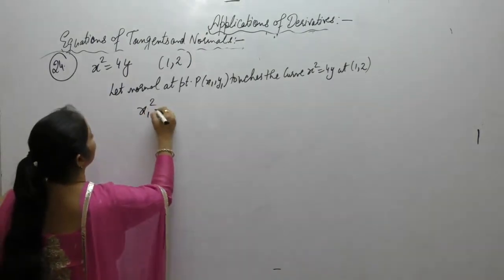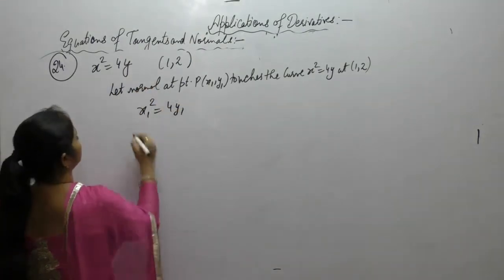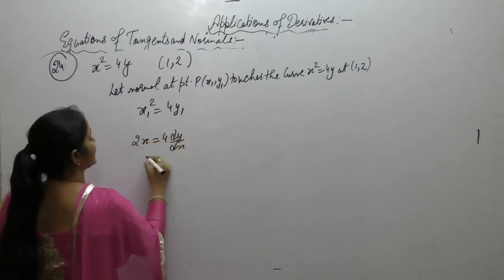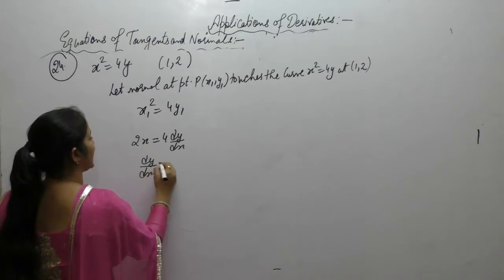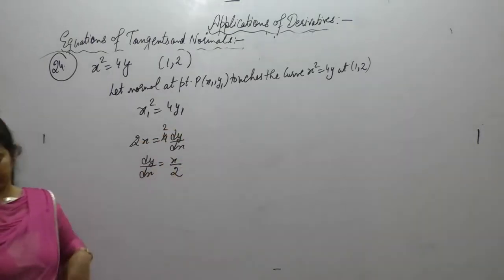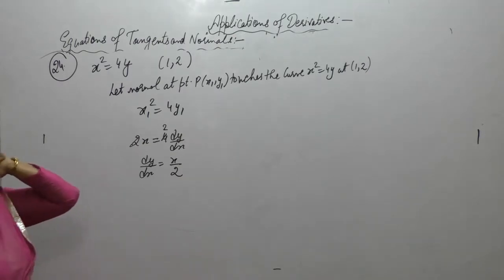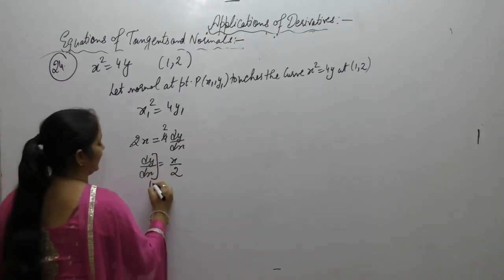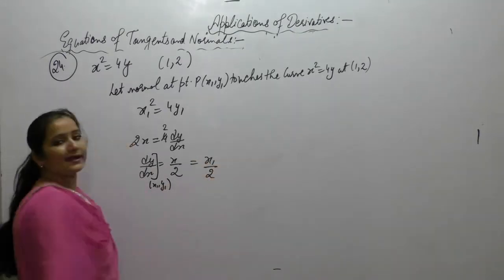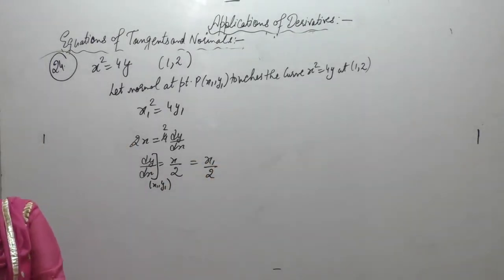Then this point will lie on the curve. Differentiate: 1 equals 2x, giving dy upon dx as x upon 2. And at the point x1, y1, that is equal to x1 upon 2.